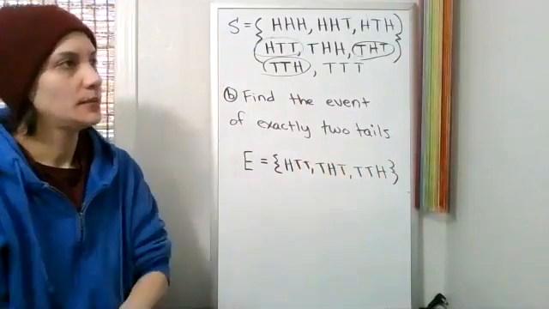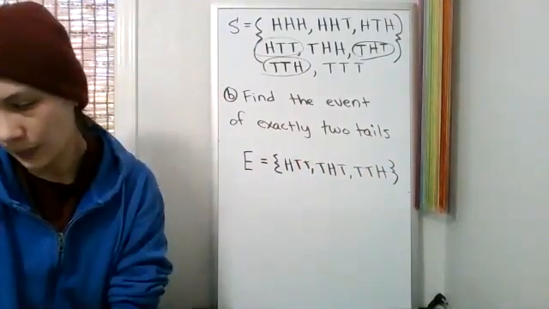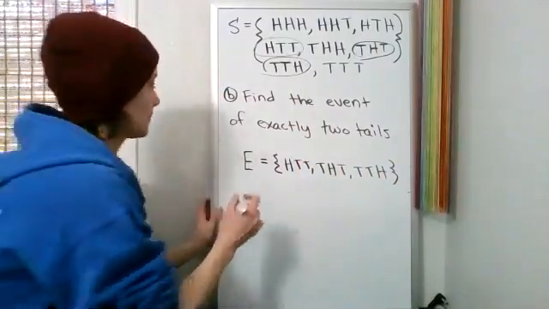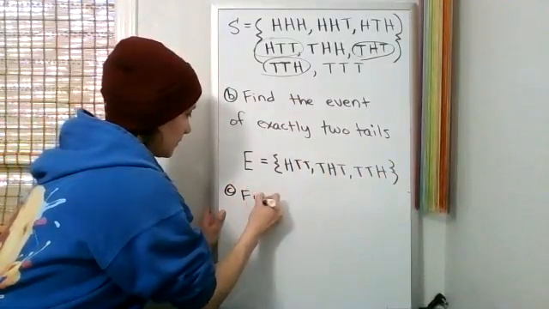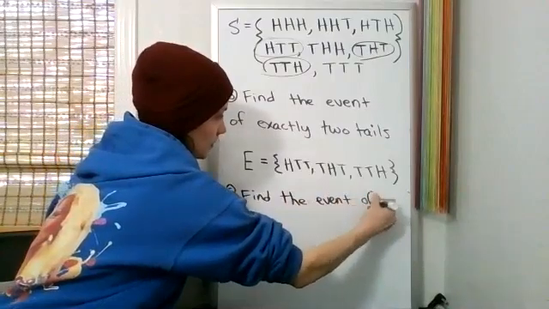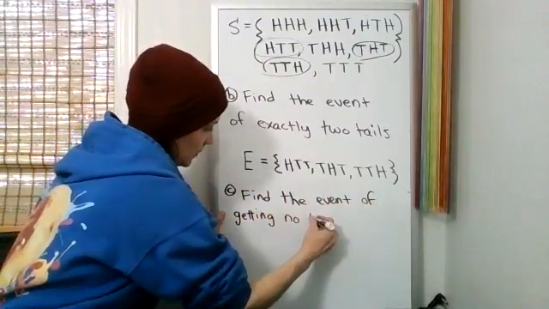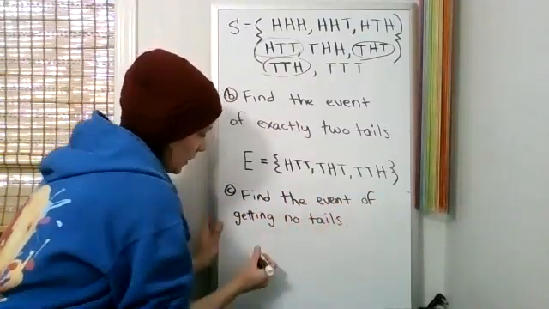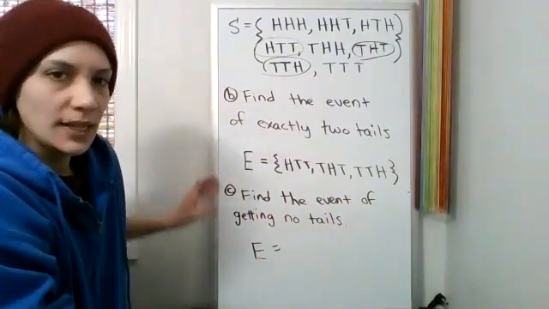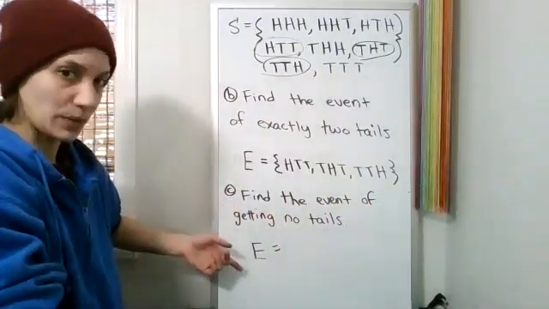Let's do, okay, what is the event of no tails? Okay, we will still call it event E. If we were talking about the same problem, we could just pick another letter, like capital F would be fine, or we could call it capital A. It's okay.